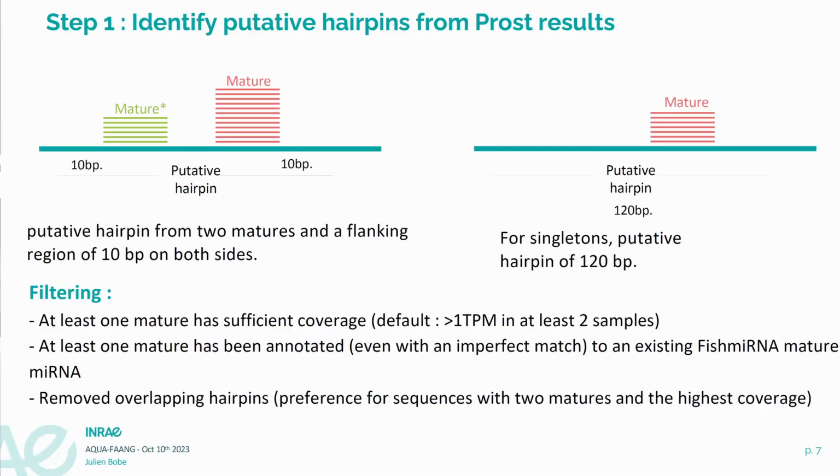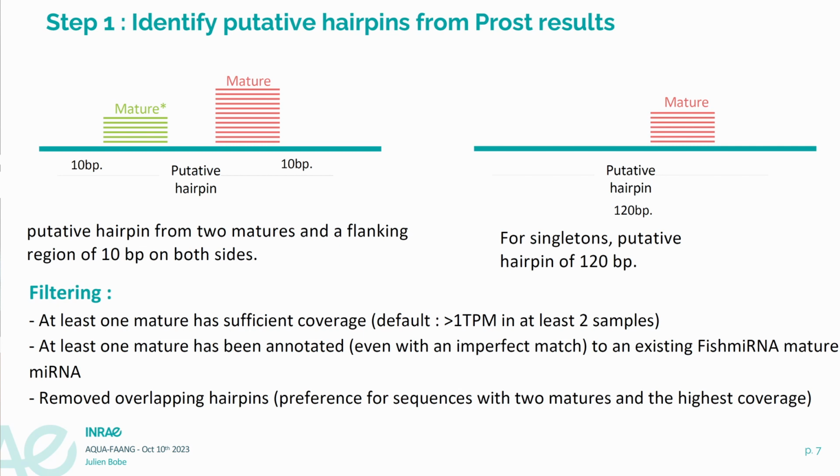The first step is to identify putative hairpins from the small RNA reads that we have. Either we have a putative hairpin with two mature forms and a flanking region on both sides, or we have only one form, and then we have to extrapolate based on the position of the mature.